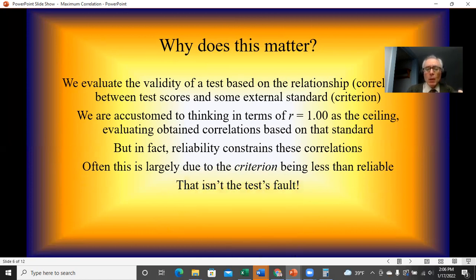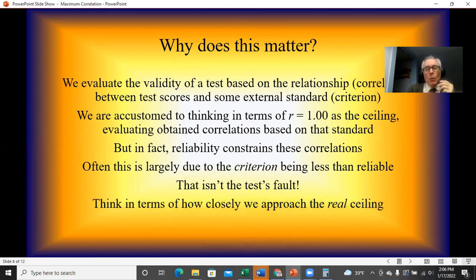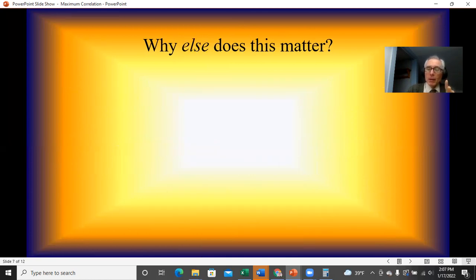That's a big issue because this isn't the fault of the test you're trying to develop. So instead of thinking of 1.00 as the ceiling, think of the ceiling as that maximum possible correlation. If that happens to be just 0.7 something, then the closer you're getting to 0.7, the better you're doing. We'll circle back to that.